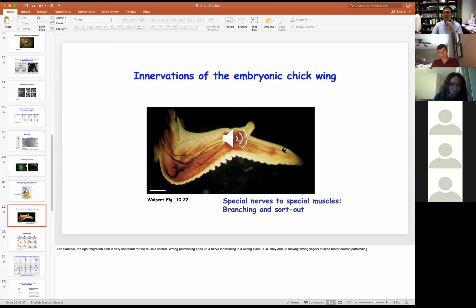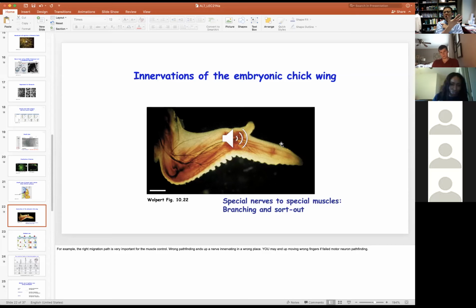Into the specific muscle they are supposed to. So what will happen is, this is the same as our finger or something. Let's say certain motor neurons come through your limb, and they are supposed to touch the thumb so that you can move this thumb.